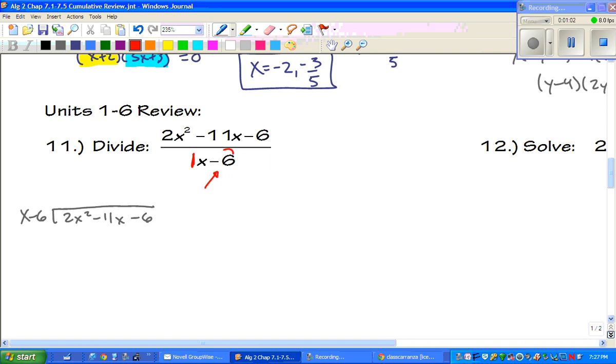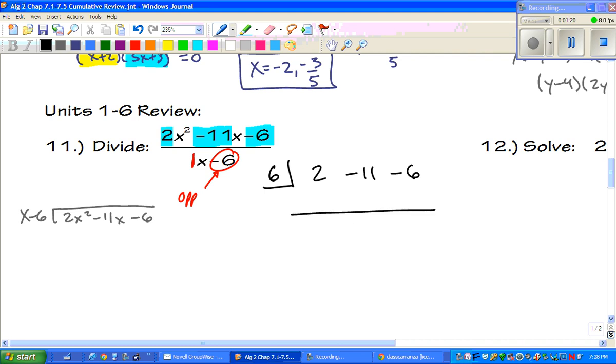So, I'm going to take the opposite of negative 6, which is positive 6. I'm only going to worry about the coefficients of those numbers, which is 2, negative 11, and negative 6.